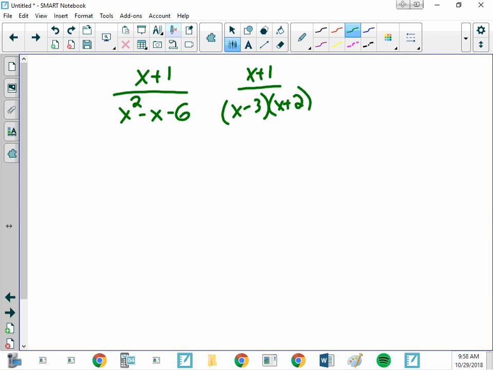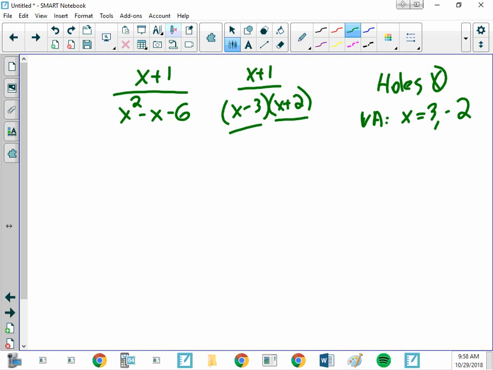Okay. Does this graph have any holes? No. Why not? Because none of the factors of the denominator cancel. So this is none. Does this have any VAs? x equals 3 and negative 2.